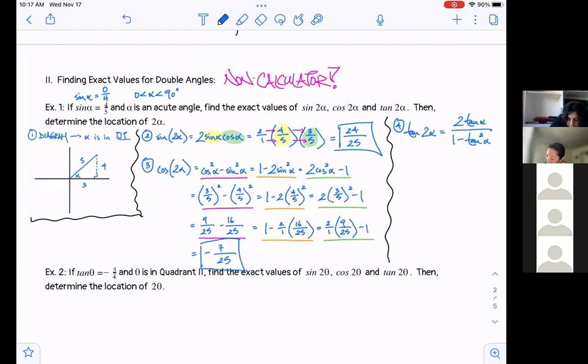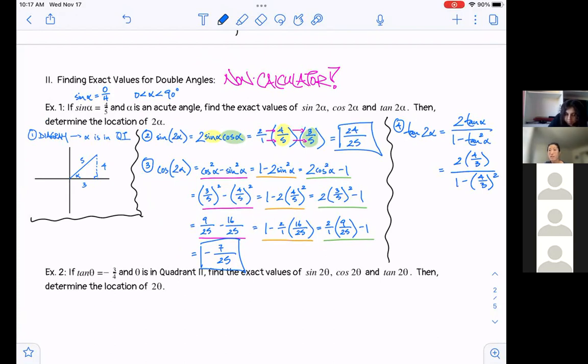And if I were to plug in all of those values, I would get 2 times 4 over 3 over 1 minus 4 over 3 squared. How many people feel like cranking through that right now? I wouldn't want to.